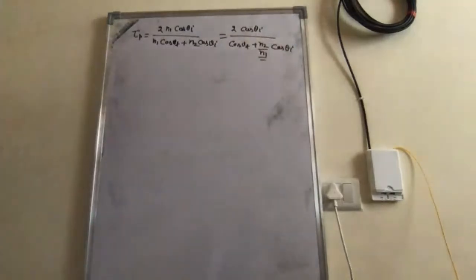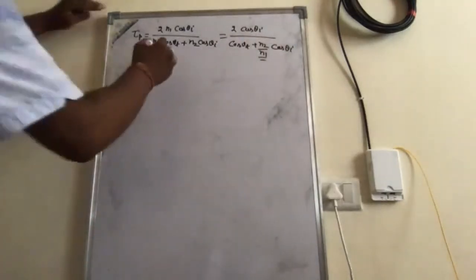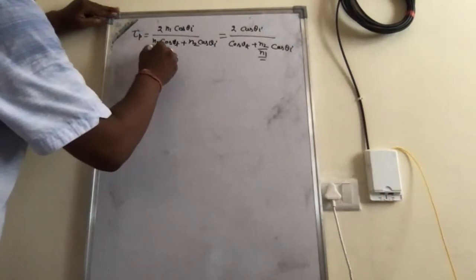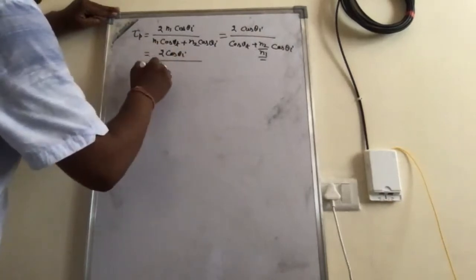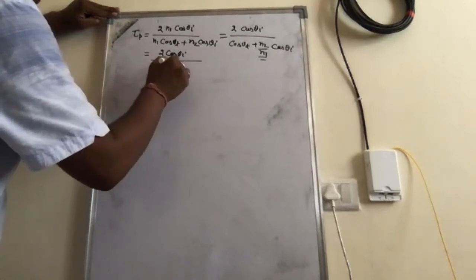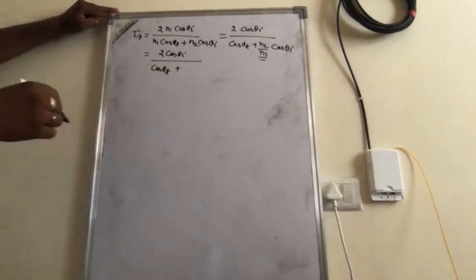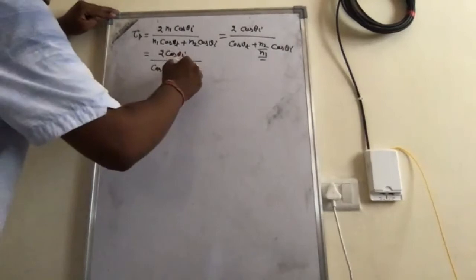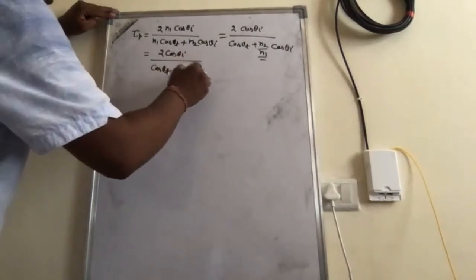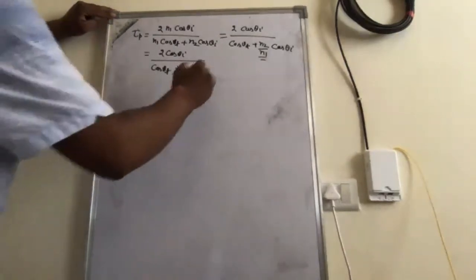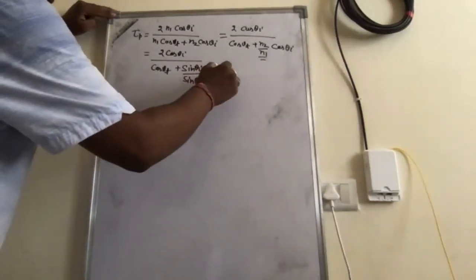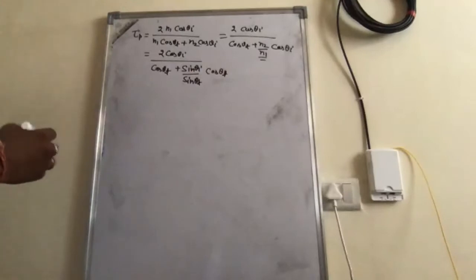So we can put it there. So this is equal to 2 cos theta I divided by cos theta t plus sin theta I upon sin theta t cos theta I.